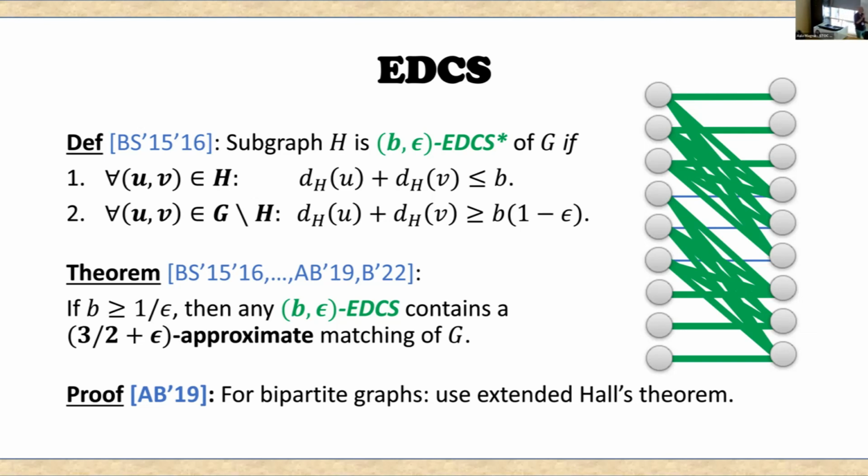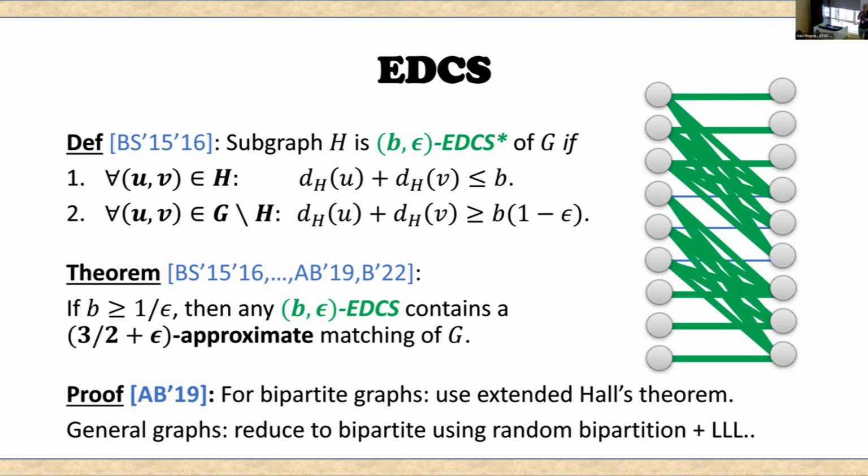And then the really sleek idea is that for general graphs, you reduce to the bipartite case by considering some natural bipartition. All the edges of OPT you flip independently, and all the other nodes you put either on the left or on the right independently. And then maybe Chernoff or the Lovász local lemma will show you that there's a subgraph of this EDCS which is an EDCS of the obtained bipartite subgraph, which has a max matching size of the same value.